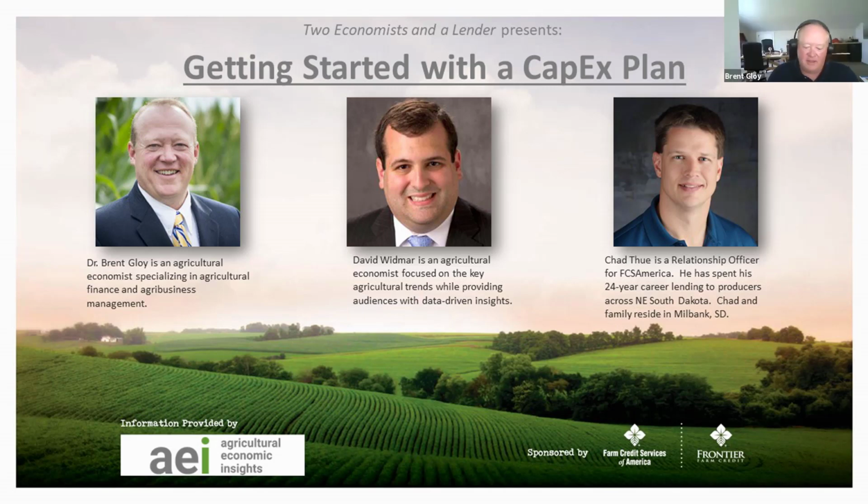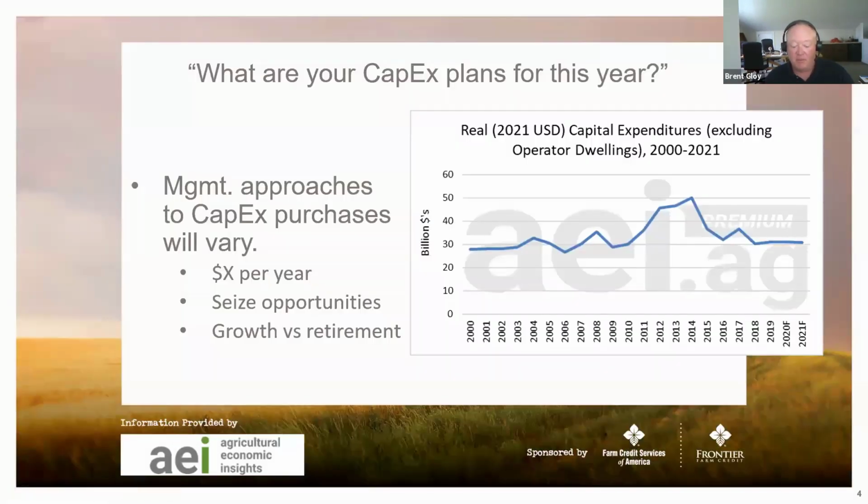Thank you, Carly. Great to see you again this month. This is a topic, capital expenditure plan, that I think we talk about a lot, and there's good reasons for that. Capital expenditures are really important to your farm and to your financial future, and so I think it's one of the most important things that we can plan around.